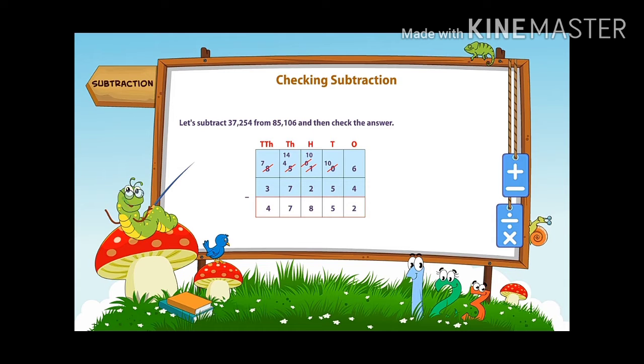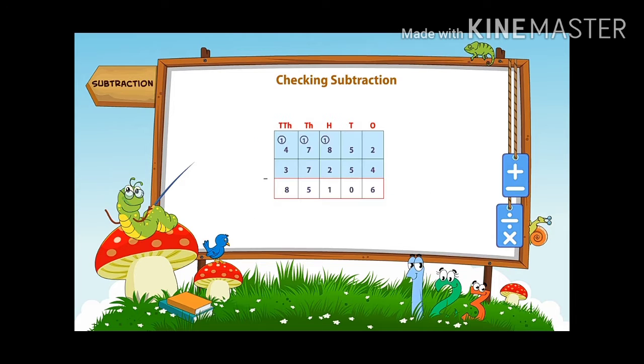So here you have to subtract 37,254 from 85,106. This is the subtrahend and that is the minuend. The difference you will get, right? Here you can see in the examples how you can get the differences.